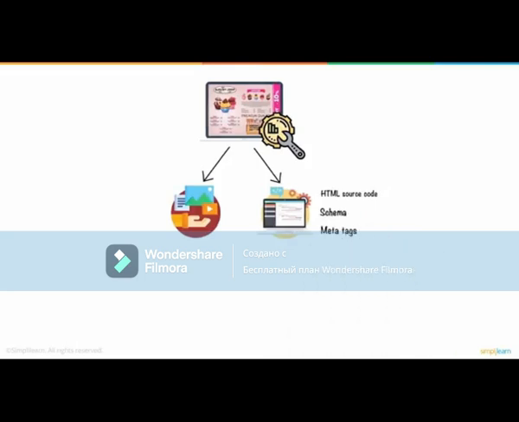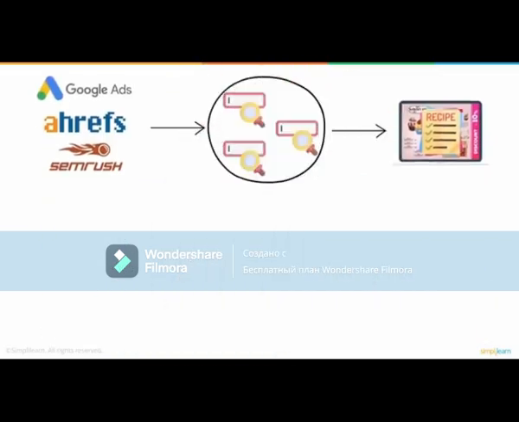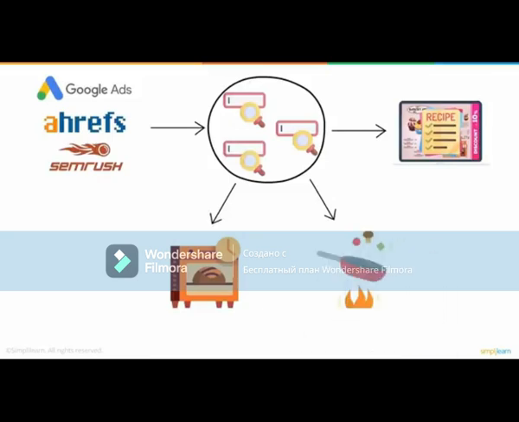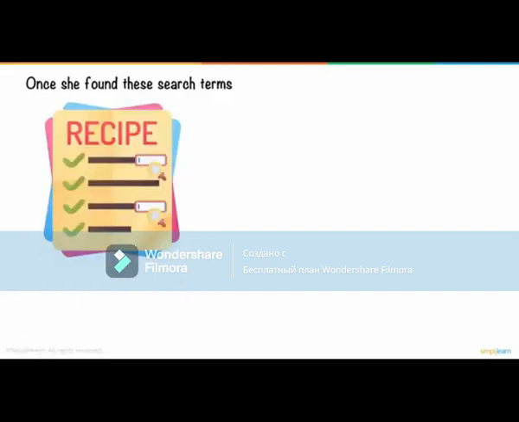She started off by using tools like Google AdWords, Ahrefs, and SEMrush to identify popular search terms associated with the recipes she planned to publish on her blog. She began to look for search terms related to the broader area of baking, cooking, and related topics. Once she found these search terms, she began to incorporate them into her recipes. She started off by providing an introduction to the recipe.